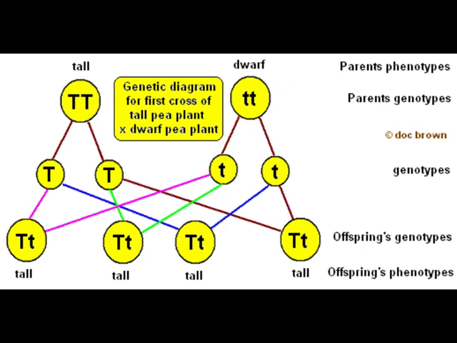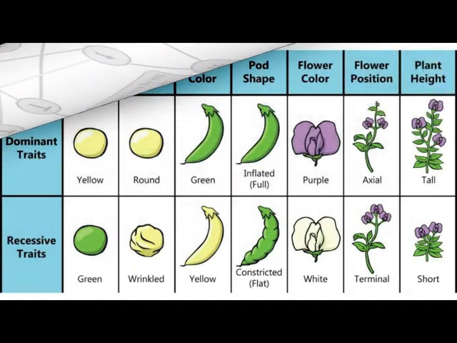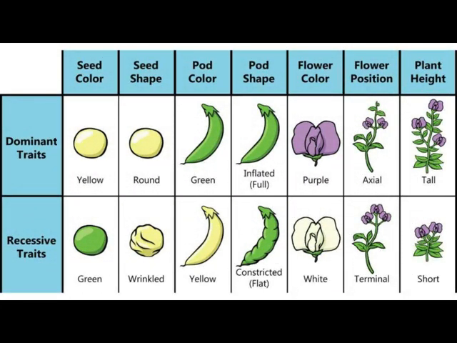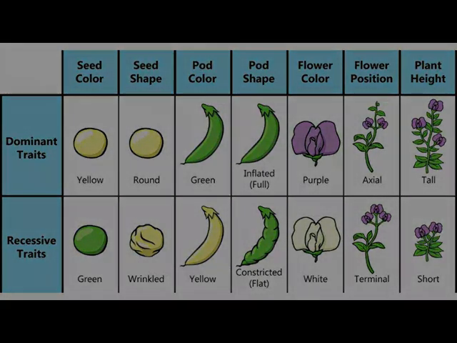If tall comes in the first generation in spite of crossing, then tall is called the dominant character, and the dwarf character is called the recessive character. Means the character which expresses itself in the first generation is the dominant trait, and the trait which is not able to express itself in the first generation is called the recessive trait.